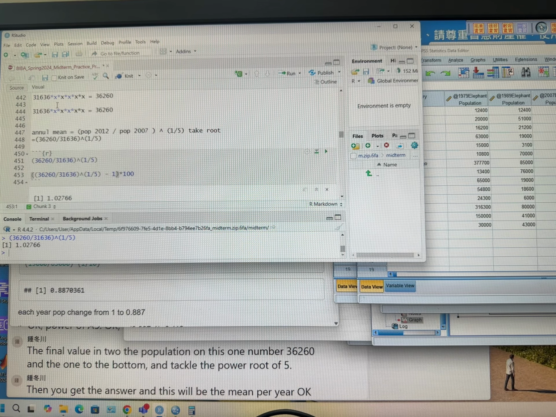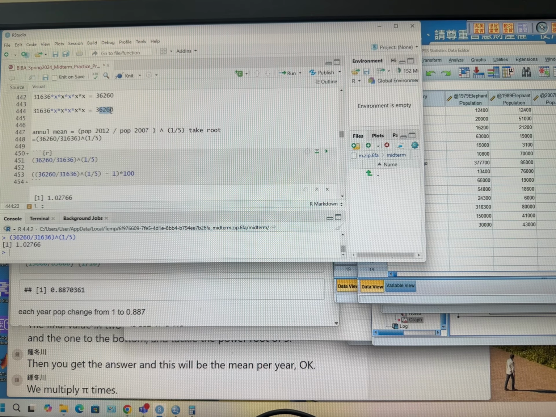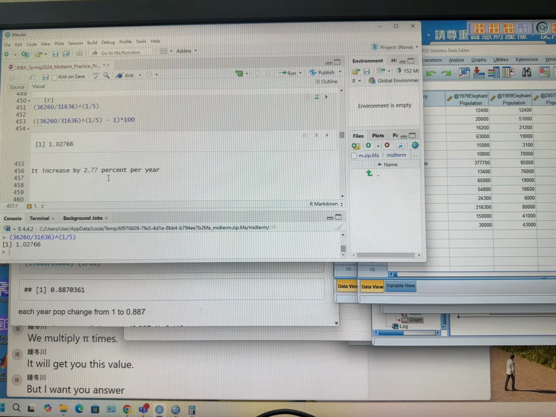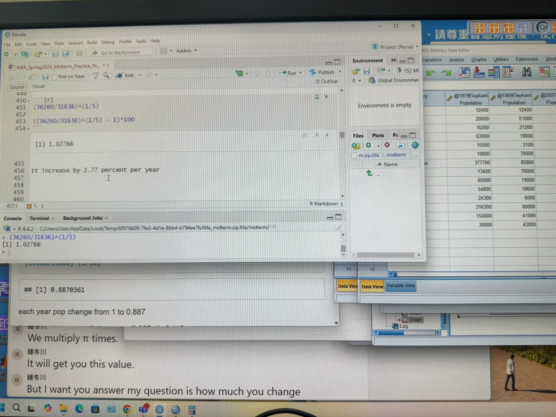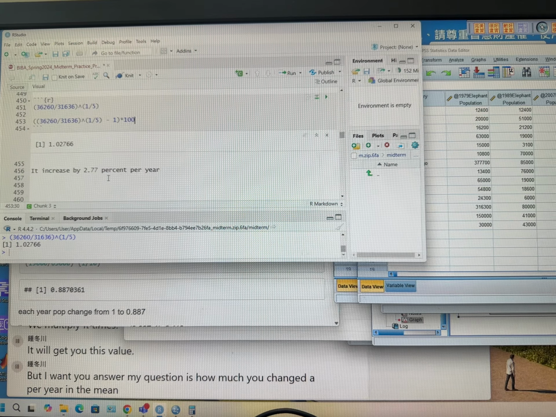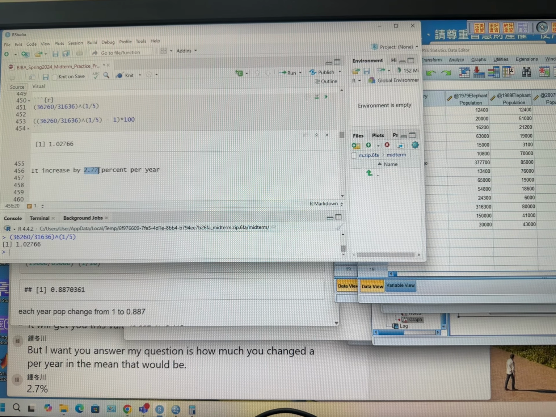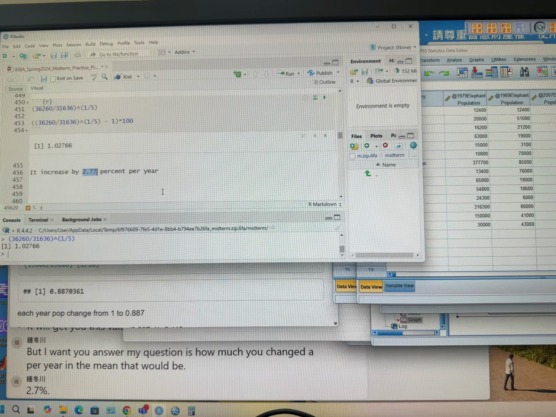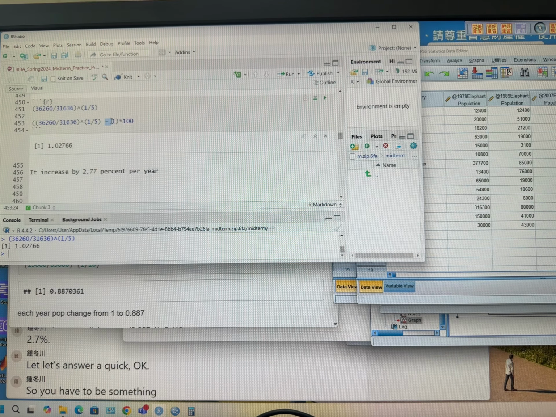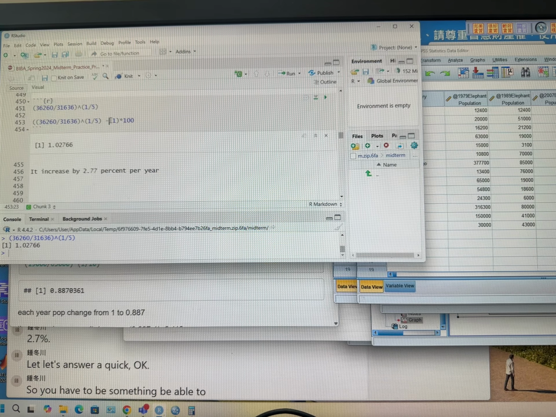Okay, if you multiply 5 times, it will get you this value. But the question I want you to answer is how much it changes per year in the mean. That would be 2.7%. That's the answer. Okay. So you have to be able to compute.